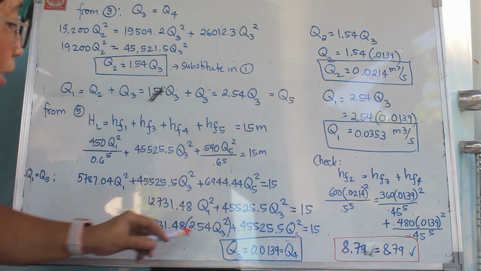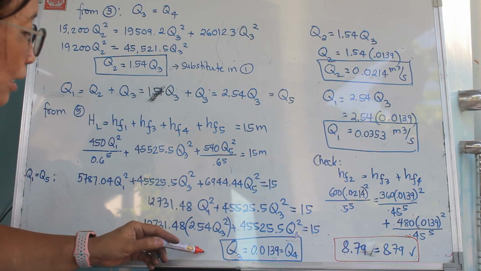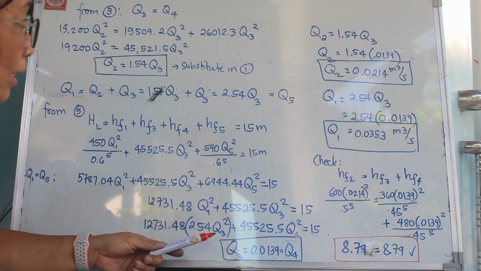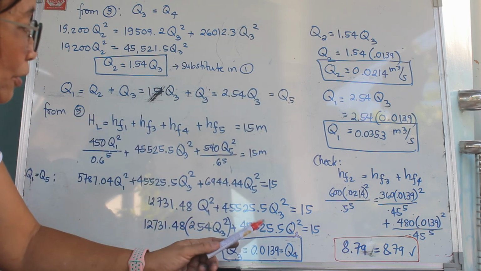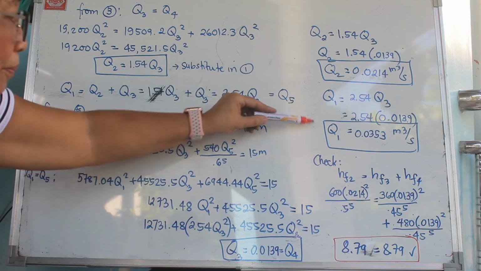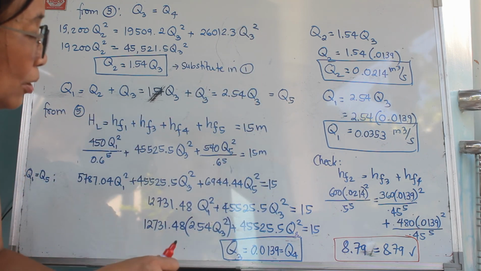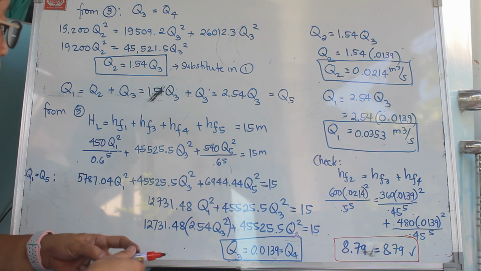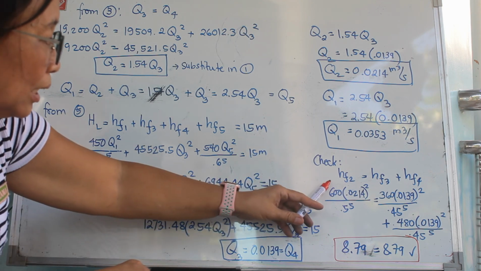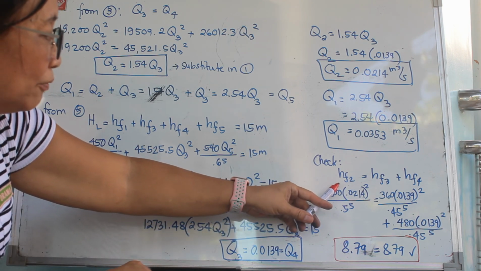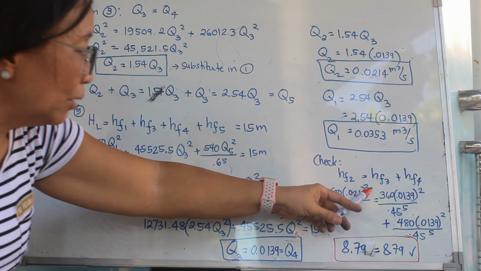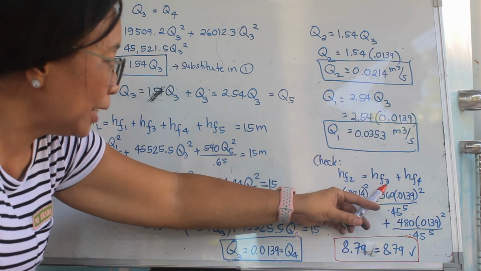These are the discharges, the answers to the problem asked in our sample: find the discharge through each pipe. To check if your answers are correct, you can choose any of the formulas that we formulated. HF2 is in parallel with the two pipes in series, pipes 3 and 4.